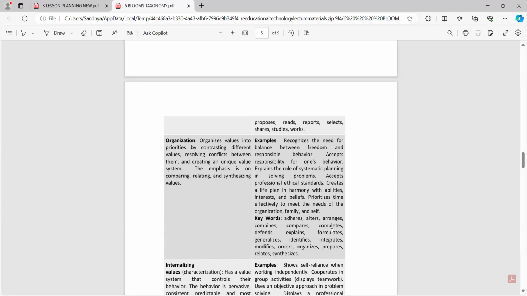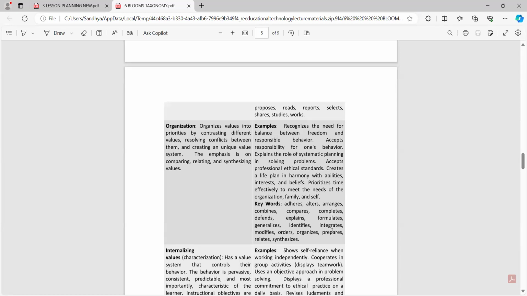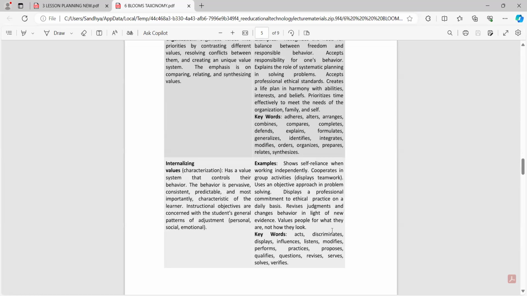So in my case, even if they don't ask me to separate, I will do that because it's very convenient and it's very neat and all that. And then internalizing, that is, now you have learned that attitude, it's inculcated into you and it's part of your personality. Are you okay?